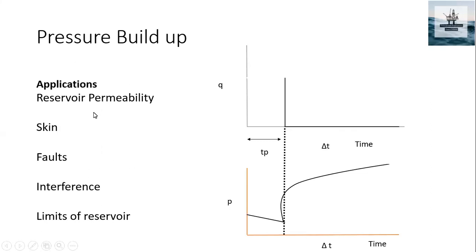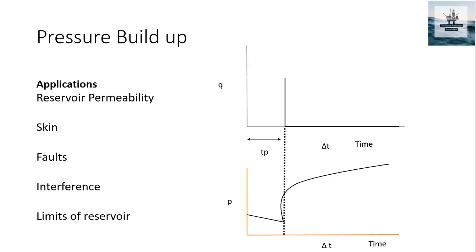Reservoir permeability will help fluid to flow, and from what direction to where will be identified. Skin factor is the damage around the well, and that also can be identified through this test. And wherever faults are there, interference is there, and where the boundary limits are, that also can be identified through this test.